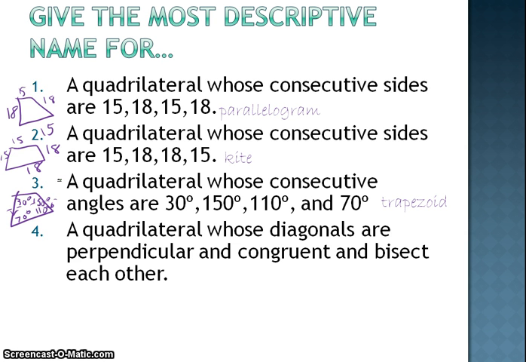Lastly, a quadrilateral whose diagonals are congruent and bisect each other. So let's first think about the least specific quadrilateral that has perpendicular diagonals, and in a kite.